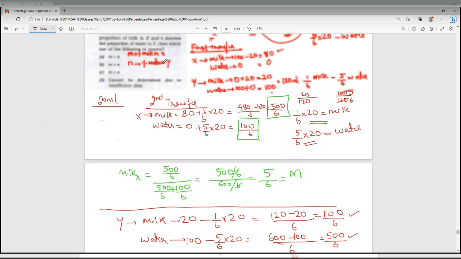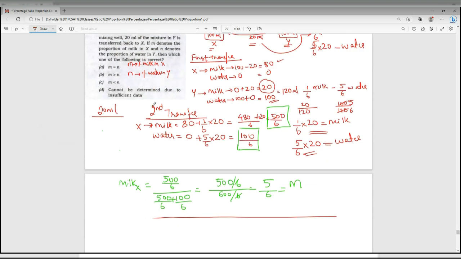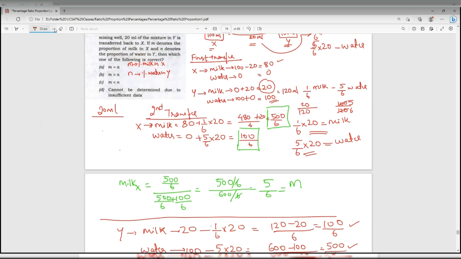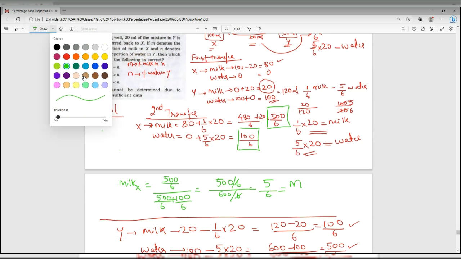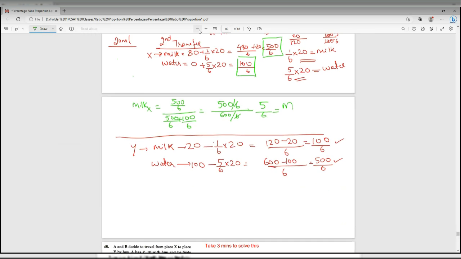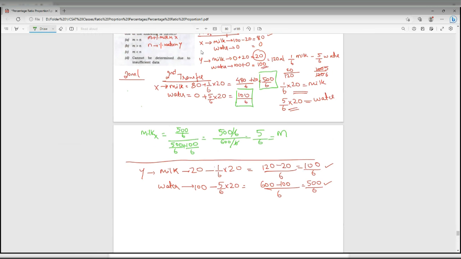So we have to calculate N, the percentage of water in Y. So let's calculate N here. Water in Y is also equal to N. It is equal to water, 500/6, divided by milk plus water.